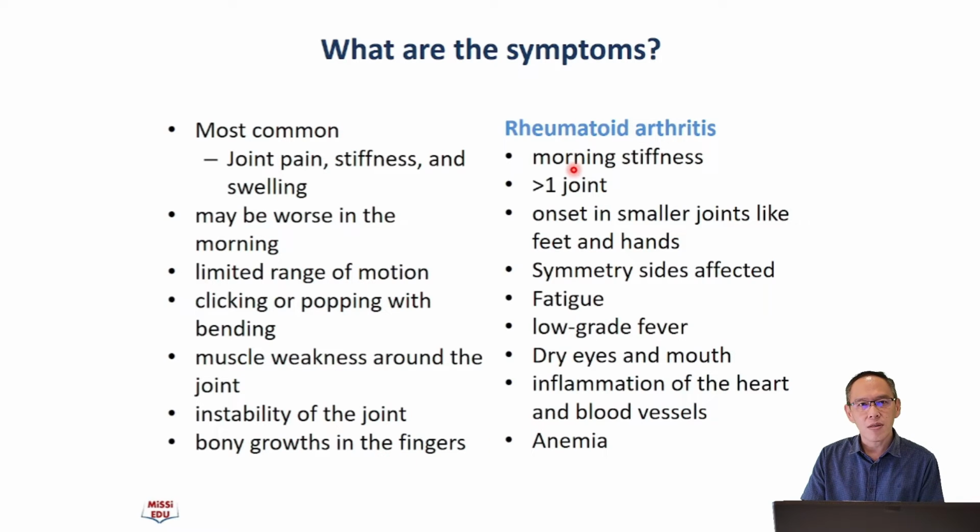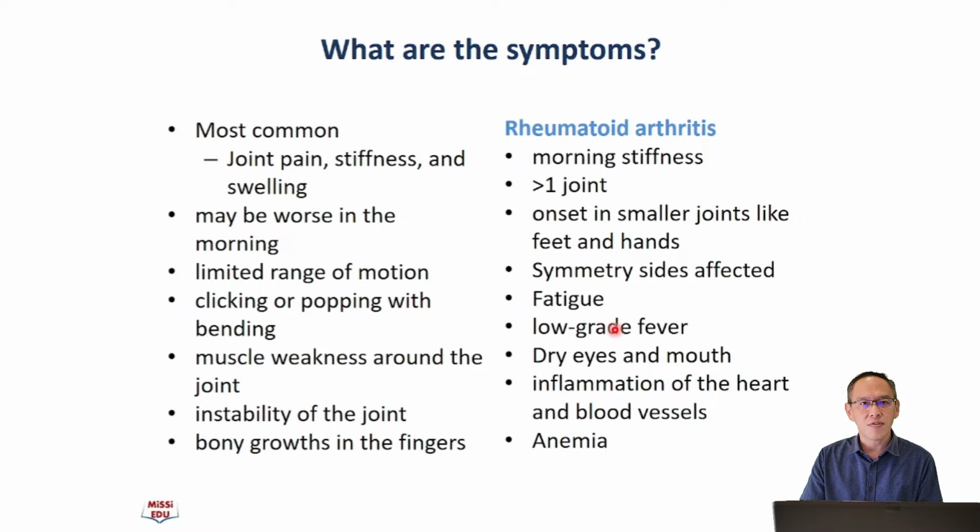Now, let me elaborate a little bit on rheumatoid arthritis. It's a very common and debilitating arthritis. The symptoms typically involve morning stiffness that can last up to half an hour or more in the early morning, and it usually affects more than one joint at one point in time. It usually starts in the smaller joints, for example the toes and hands, and usually presents symmetrically, meaning the left side and right side together.